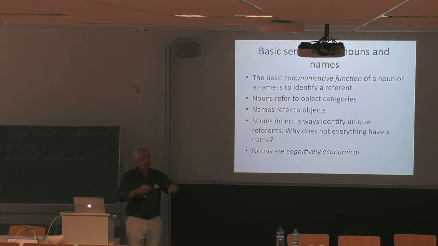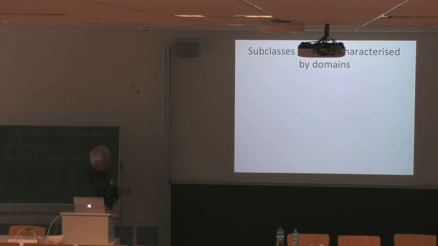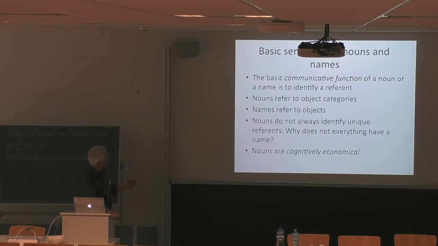Prototypes give you a way of dividing the world into a fairly small number of categories or regions, and that will help you to identify what I mean when I say the word bottle or chair or whatever. So that's the point of having nouns. We have nouns because they help us. They offload our memories. Instead of having names for everything, nouns make it easier for us to remember how to use different words.